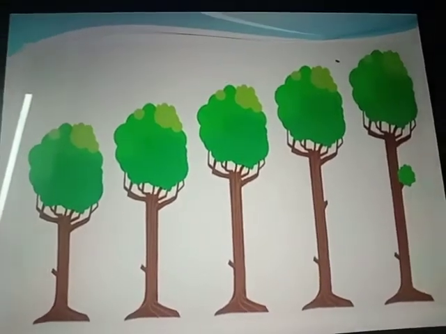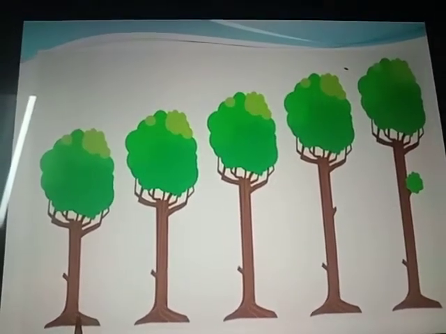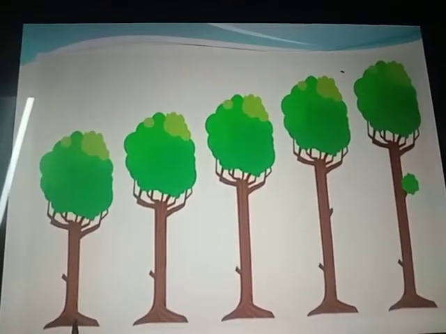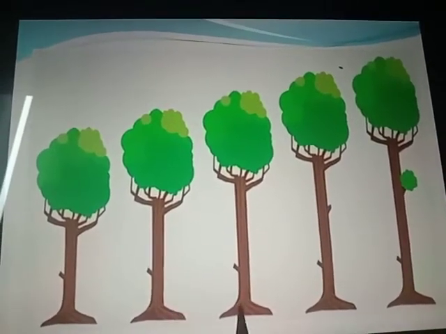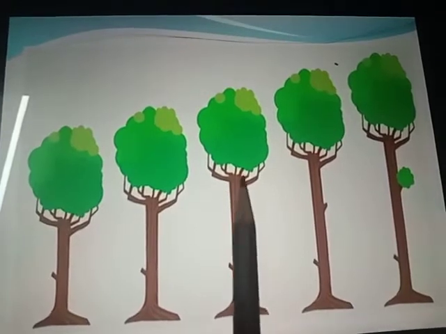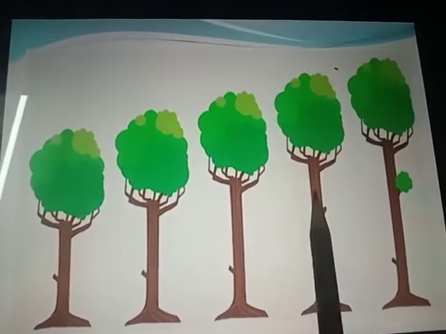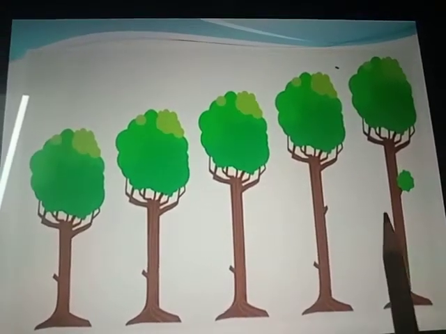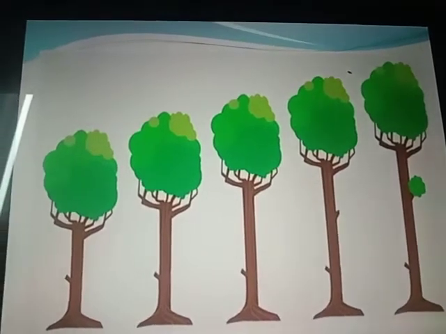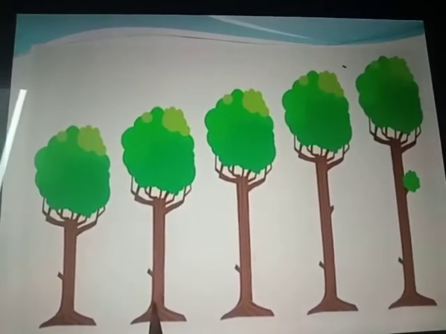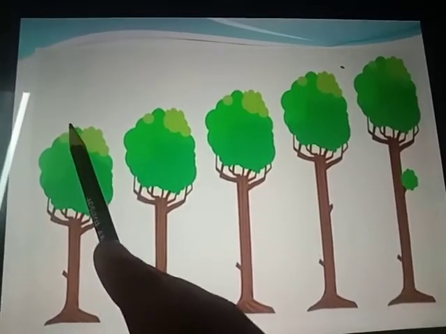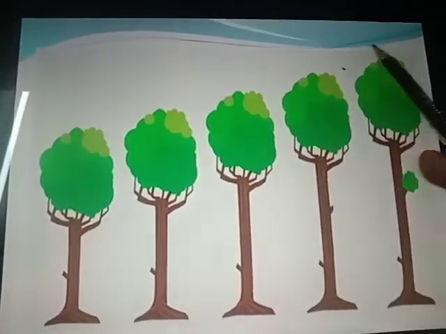See, the first tree's height is small, the second one is a bit longer, the third one is a bit bigger, the fourth one is bigger, and the fifth one is very big. The same way it's moving from low to high, low to high.